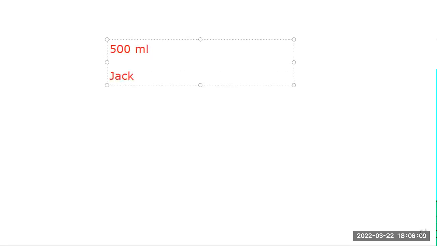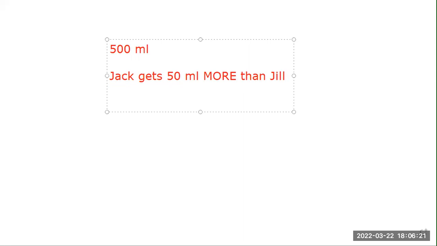Jack gets 50 milliliters more than Jill. So we need to find out how many Jill would have. So this is an unequal sharing problem. So the first step in solving an unequal sharing problem would be to remove the excess. So what is removing the excess in this case?